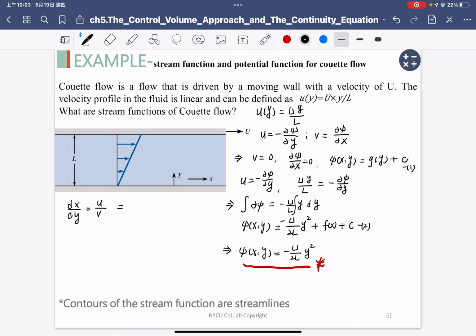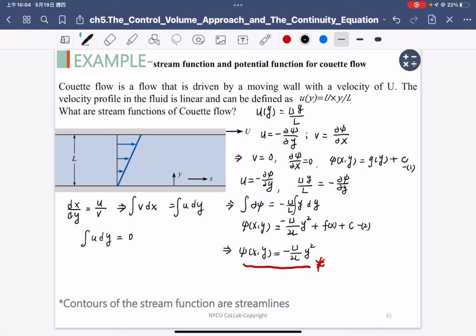You can cross-multiply by the velocities, so you know that v dx will equal to u dy. And then you can take the integration on both sides. But on the left-hand side, we don't have the v velocity, so you know that the integration of u dy will equal to 0.